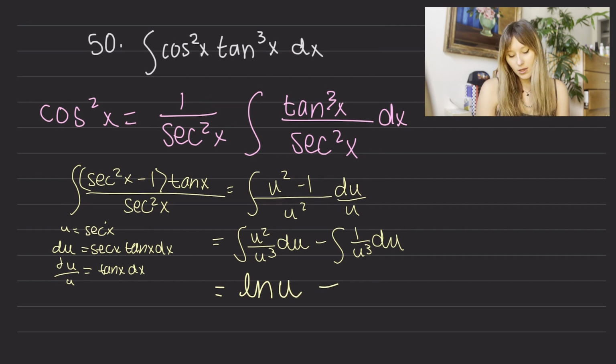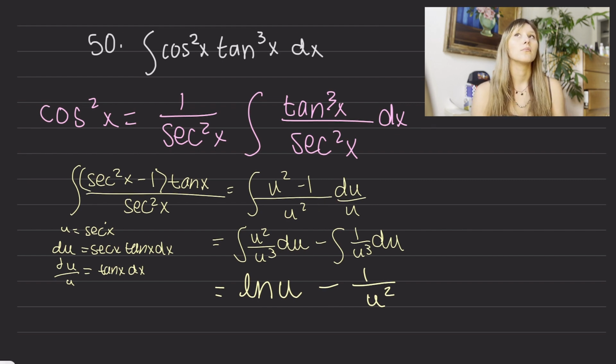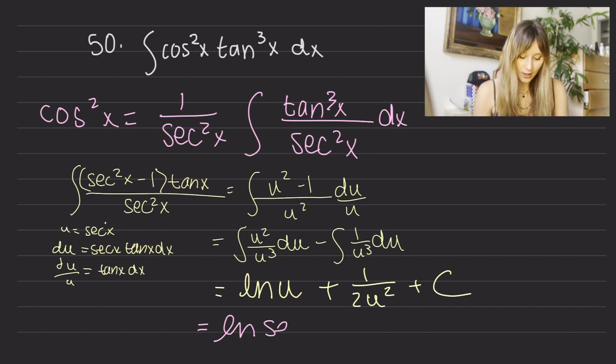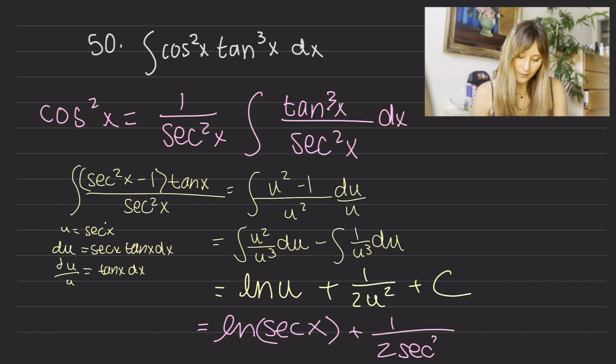For this one, we are going to get 1 over u squared times 1 over minus 2, plus c. Rewriting that in pink, we're going to get ln of secant x plus 1 over 2 secant squared x plus c, period.